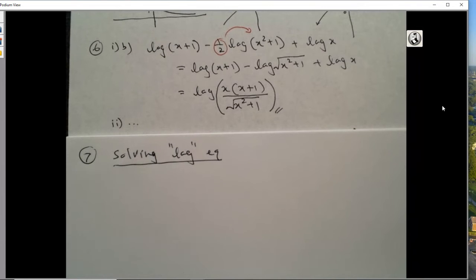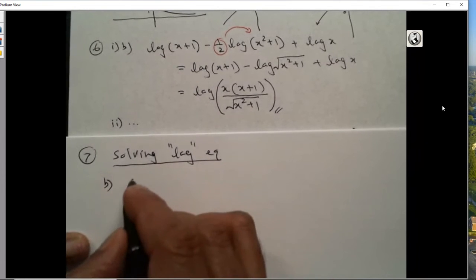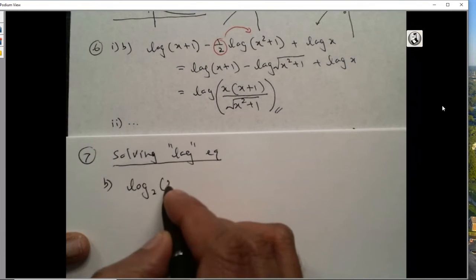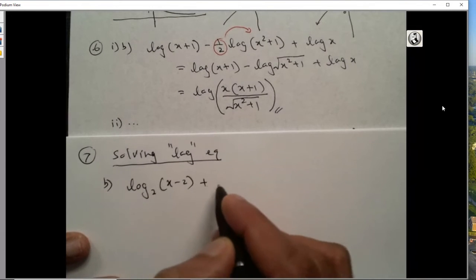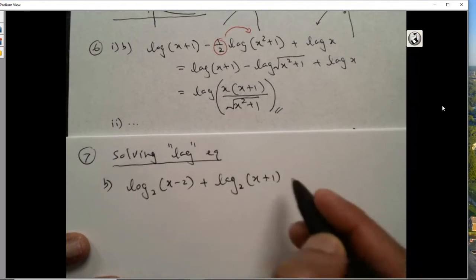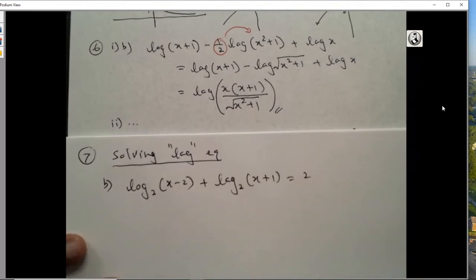So if you get a chance, look at that. But I'm going to do one of them here just to save time. So I'm going to do B, which is: solve log base 2 of (x - 2) plus log base 2 of (x + 1) equals 2.